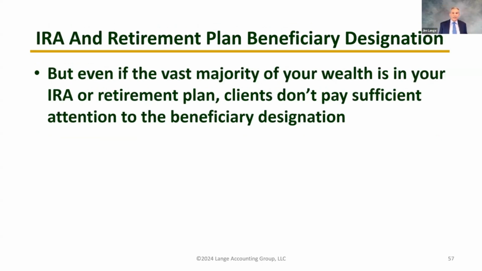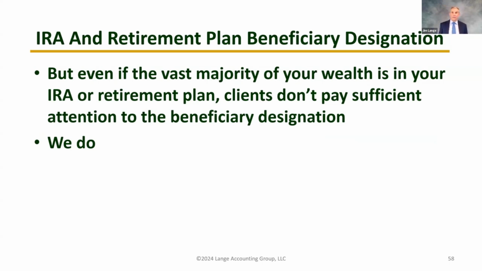And I see this even when people have most of their money in their IRAs and their retirement plans. And again, I'm going to blame the estate attorneys. By the way, we get it right. Our law firm, we didn't even let clients fill out the beneficiary designation of their retirement plan. We didn't let financial advisors fill out the beneficiary designation of the retirement plan.